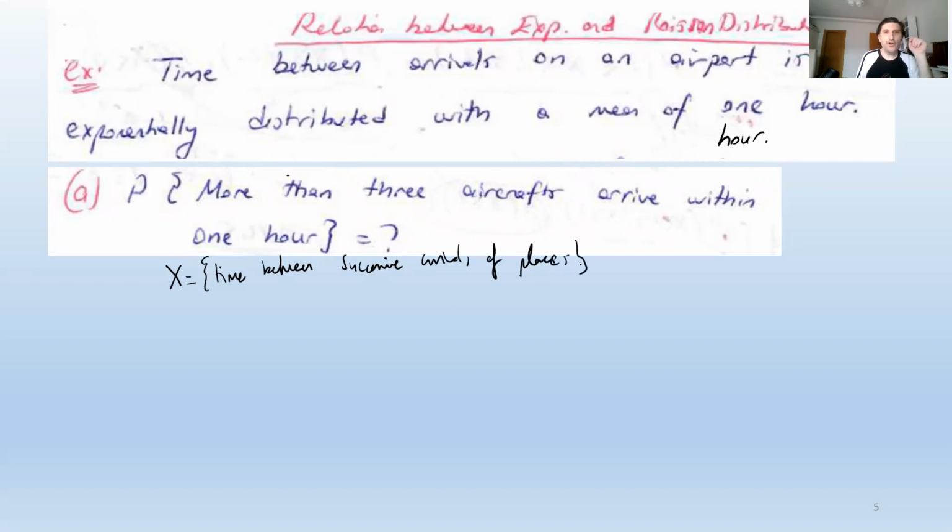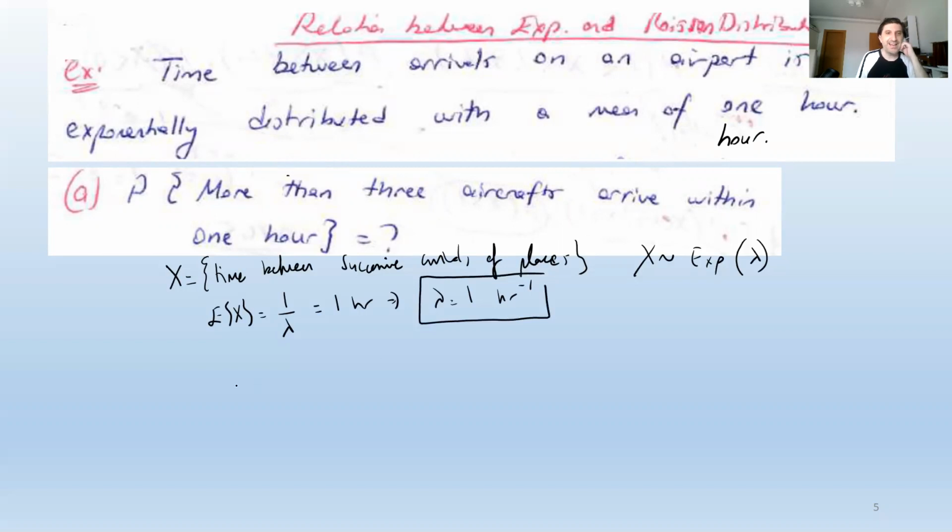X is exponentially distributed. What we need is the rate parameter lambda. Do we know it? Not directly, but we can easily find it. The expected value of X is equal to 1 over lambda, and this is given as 1 hour in the question. Therefore, lambda is equal to 1 hour to the power minus 1.